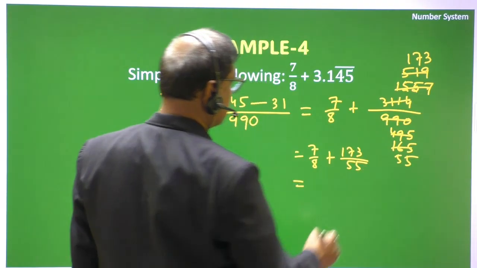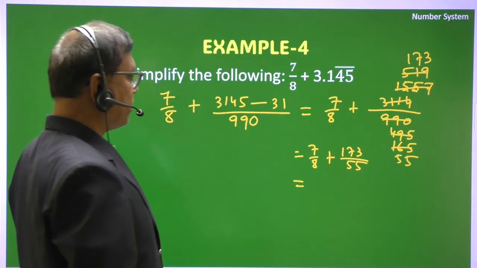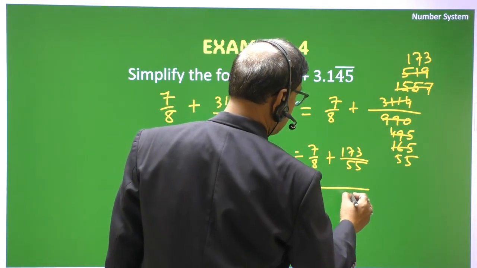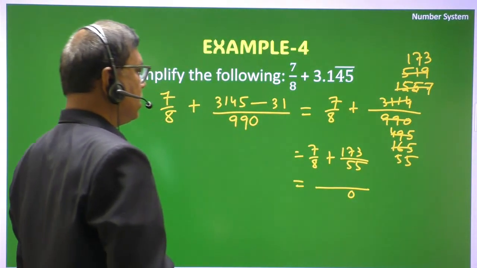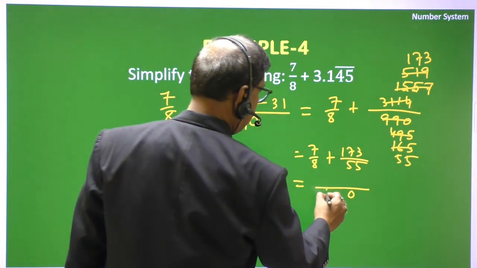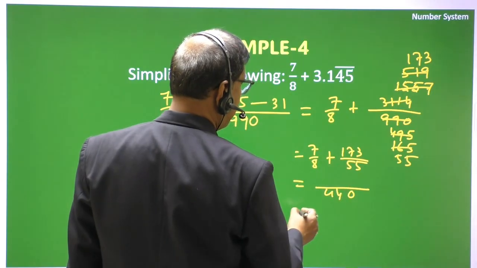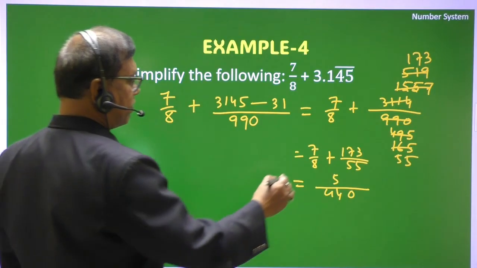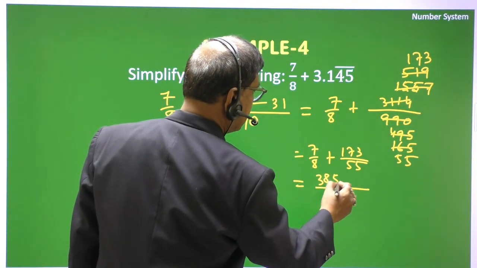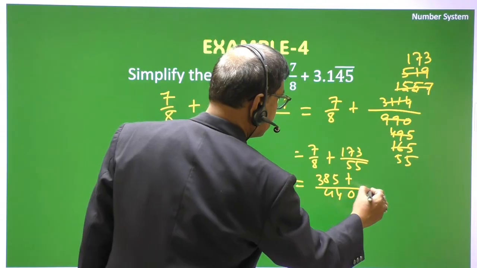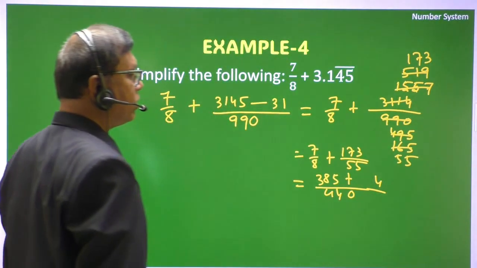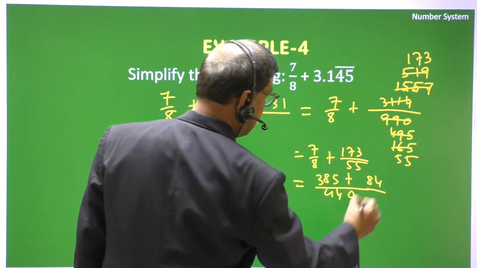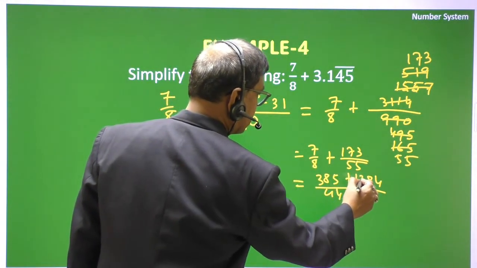So if you take the LCM of 8 and 55, LCM is how much? 440. 8 5s are 40, 8 5s are 40 plus 4, 440. Yes, so 55 multiplied by 7, 7 5s are 35, and 7 5s are 35 plus 3, 38, 385 plus 173 into 8, 8 3s are 24, 8 7s are 56 plus 2, 58, 5 carry, and 13.